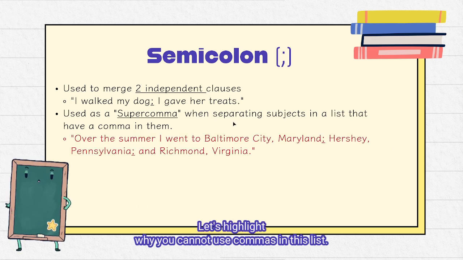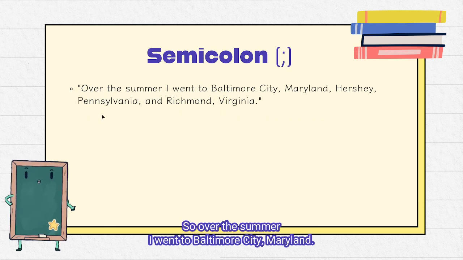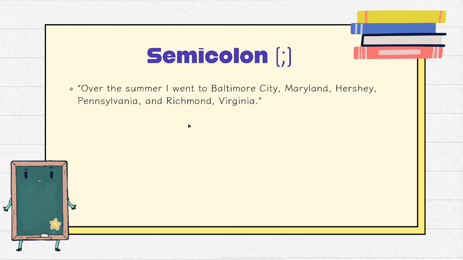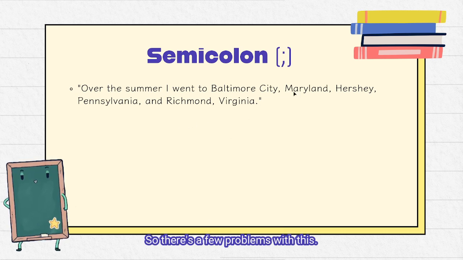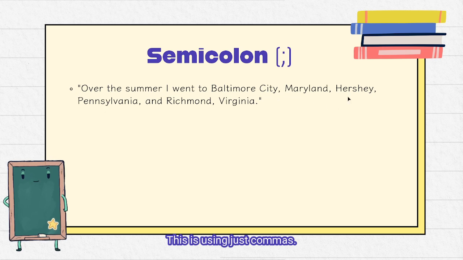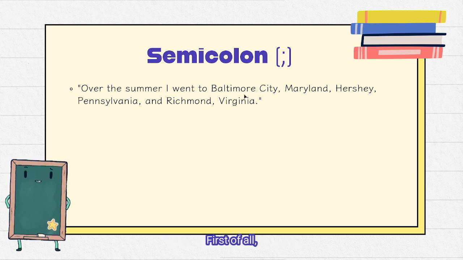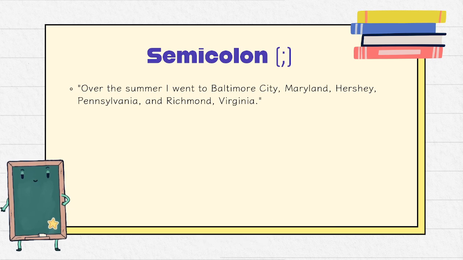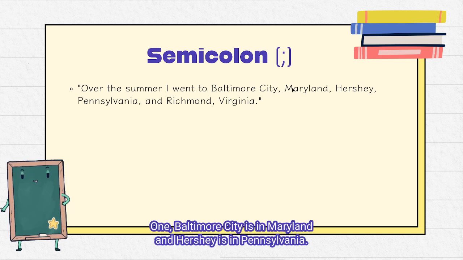Let's highlight why you cannot use commas in this list. So, over the summer, I went to Baltimore City, Maryland, Hershey, Pennsylvania, and Richmond, Virginia. There's a few problems with this. This is using just commas. First of all, the sentence doesn't make a lot of sense for 2 reasons. 1, Baltimore City is in Maryland and Hershey is in Pennsylvania.